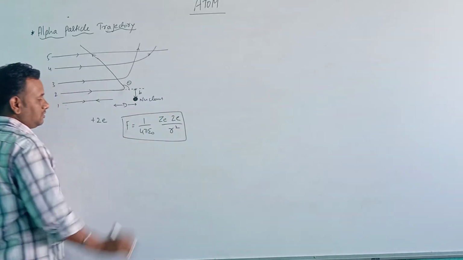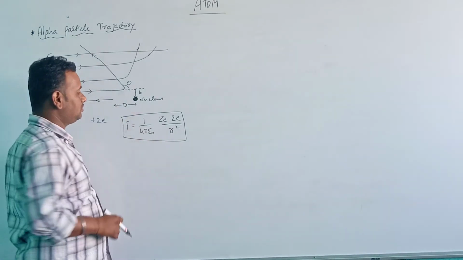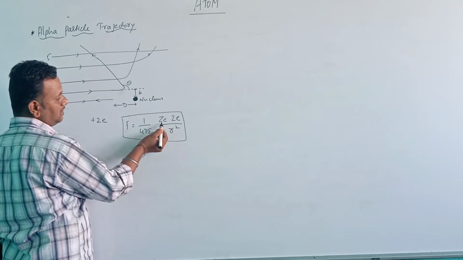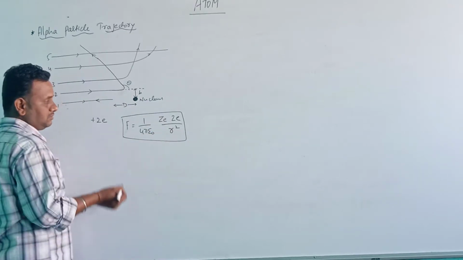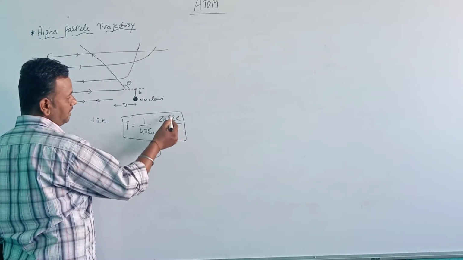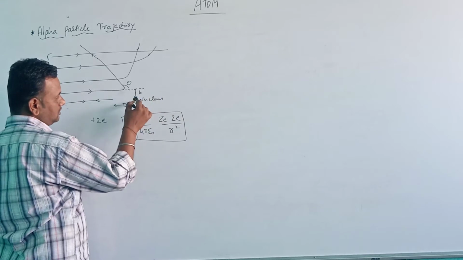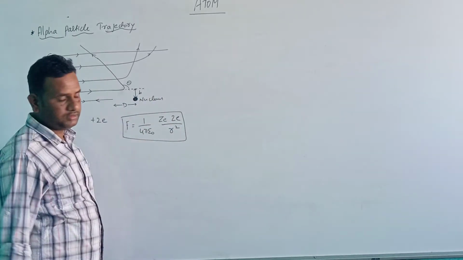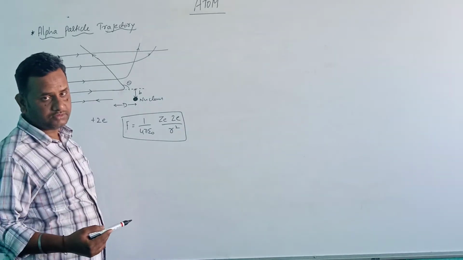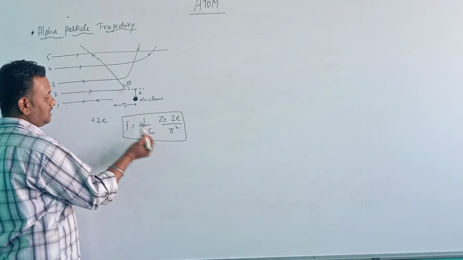Z is the atomic number, and here we have a helium nucleus having a charge of 2e.